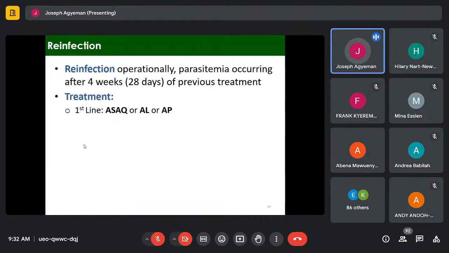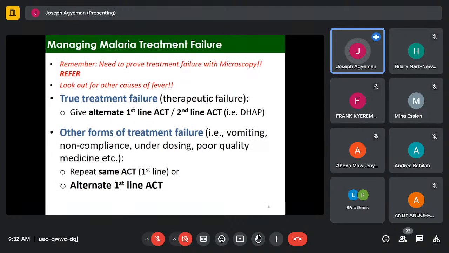So we are talking about how you manage treatment failure. It could be a true treatment failure, where genuinely you did your part. Your drug was of top quality, you adhered, the prescription too was on point, adequate dosing, everything.